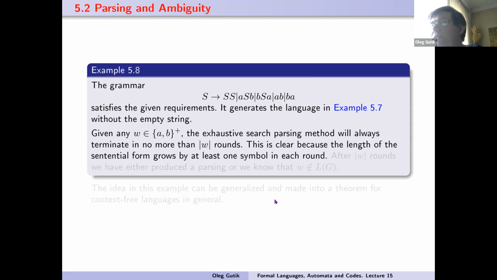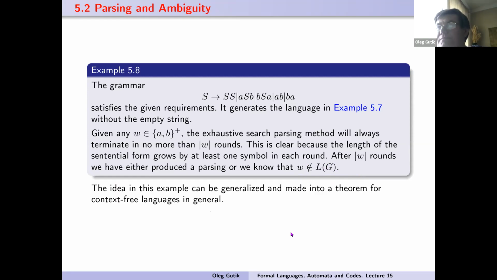This is clear because the length of the syntactical form grows by at least one symbol in each round. After the length of the word W rounds, we have either produced a parsing or we know that W does not belong to the language generated by the grammar G.